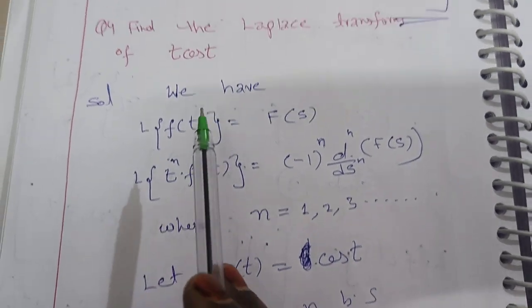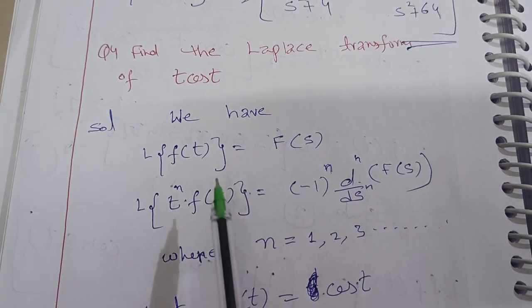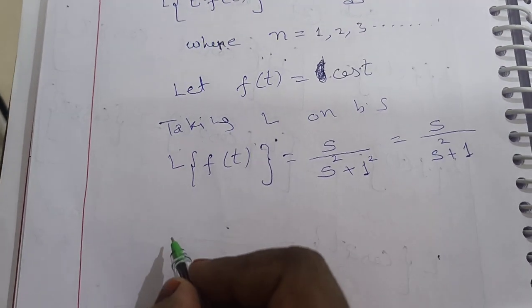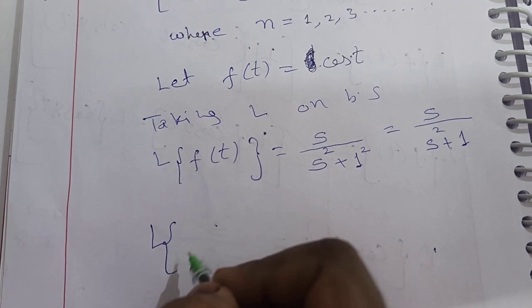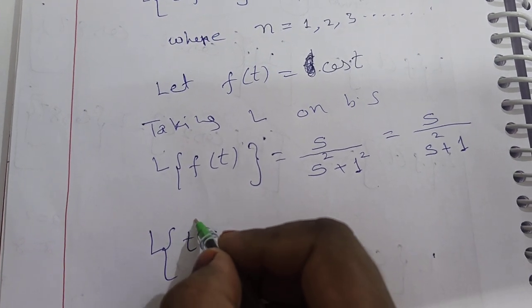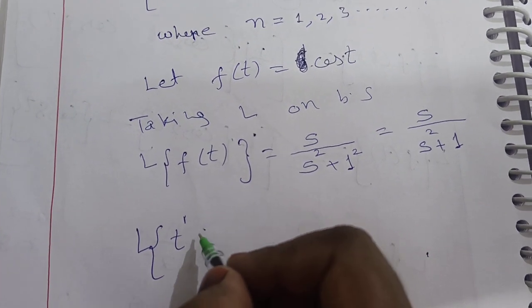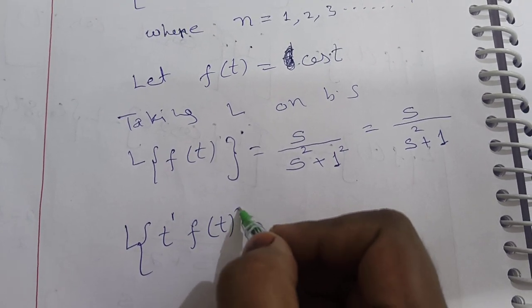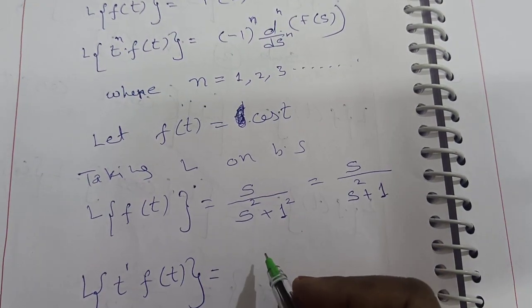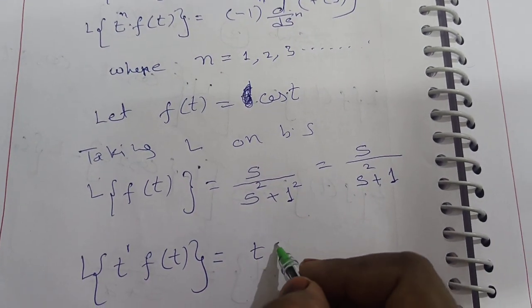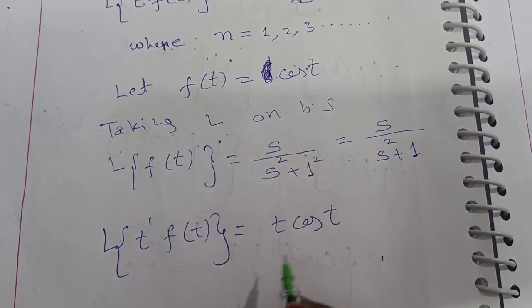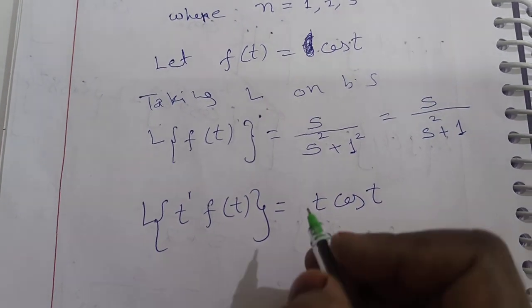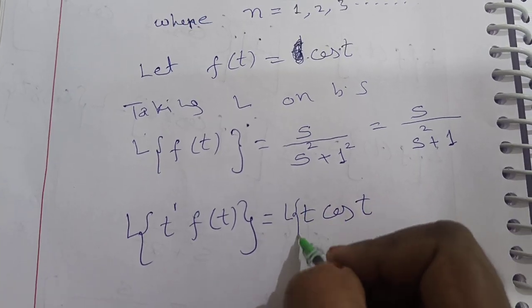Now we have to take L of t to the power of n f of t. In the question we have t to the power of 1 and f of t is cos t, so we will write L of t cos t.